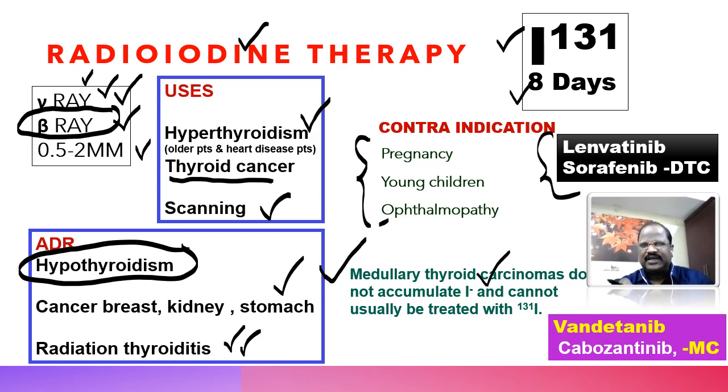All these are tyrosine kinase inhibitors useful for well differentiated thyroid cancer, that means follicular cancer. That means for treating follicular cancer and for treating parafollicular cancer, we have some newer tyrosine kinase inhibitors. So important new information. Please read repeatedly.